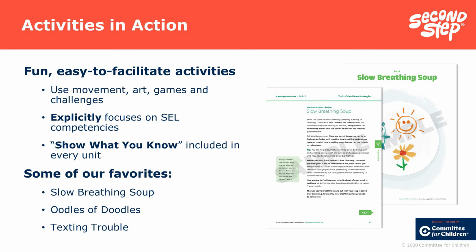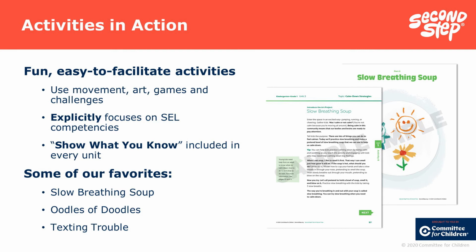In this activity, kids draw a soup of things that help them feel calm and relaxed, and they practice slow breathing, again, to practice getting into that state. In the grade 2-3 growth mindset and goal setting unit, the activity Oodles of Doodles guides kids through creating drawings using basic shapes and emphasizes how attention and practice helps them to improve.